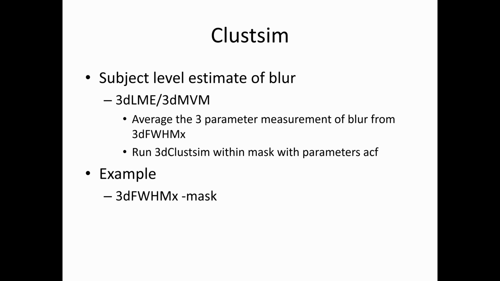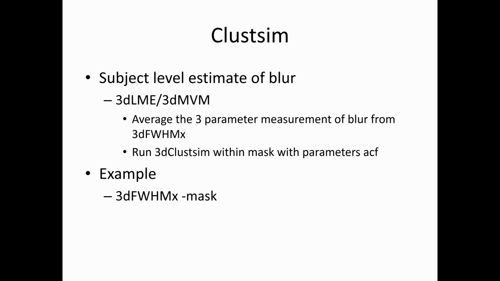3D t-test plus plus. So when you're doing your calculation of your correlation, or using 3D ClusSim in your data, when you're dealing with LME and MVM, you want to be using the subject level, and you can find that subject level blur by getting the measurement of the blur using 3D full width half maximum X, which will give you a 3-parameter model.